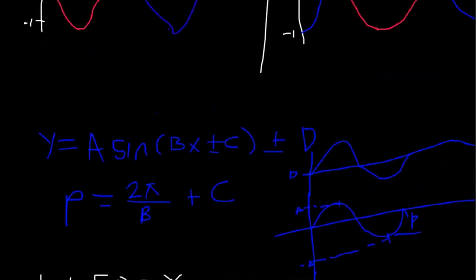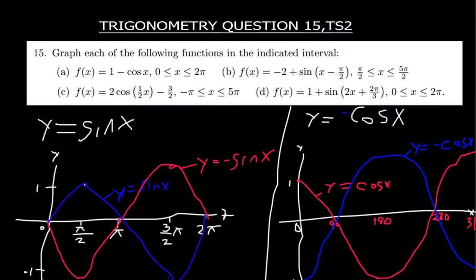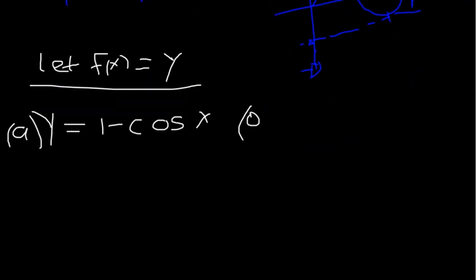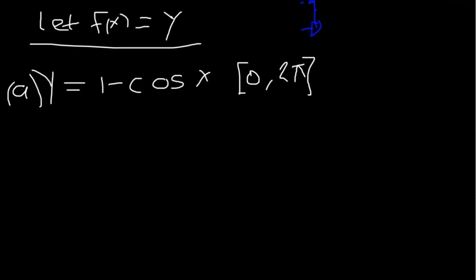Let me see the types of brackets that have been given. This is just the other way of writing that domain. Don't get confused, it's just the same. So this is the domain that has been given.